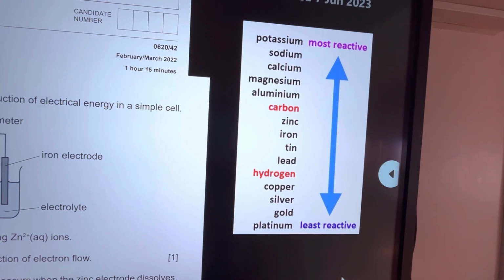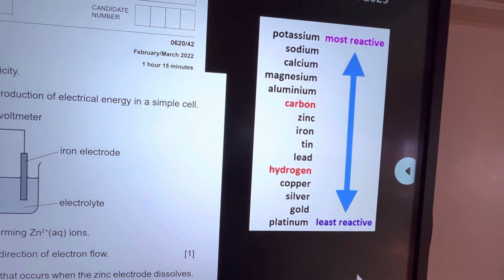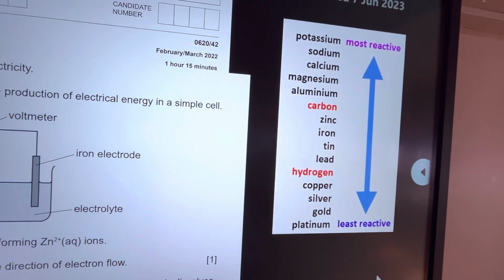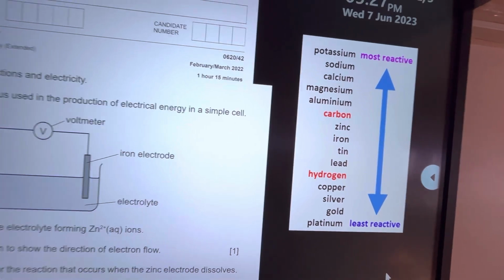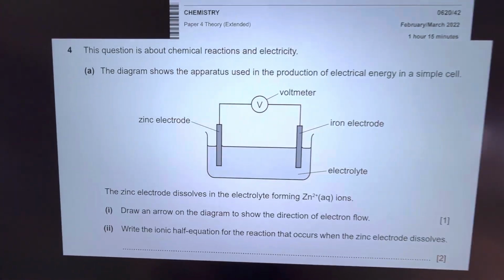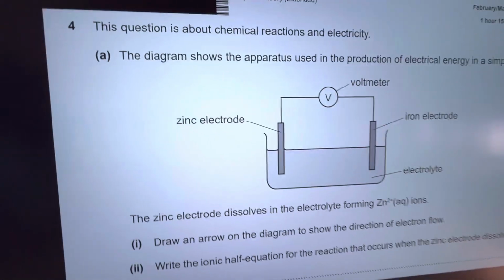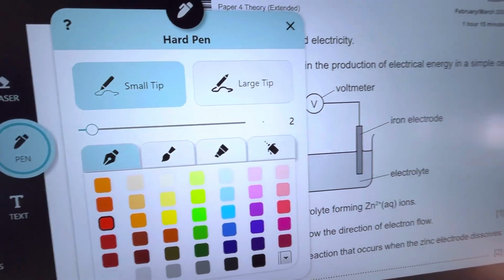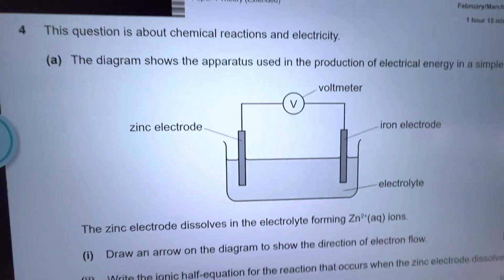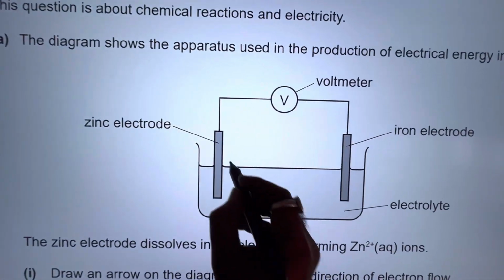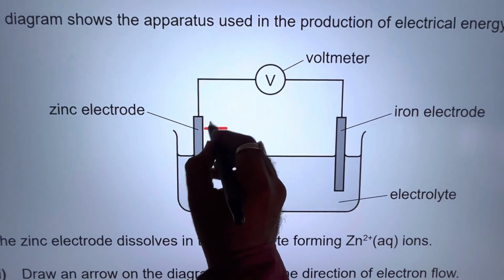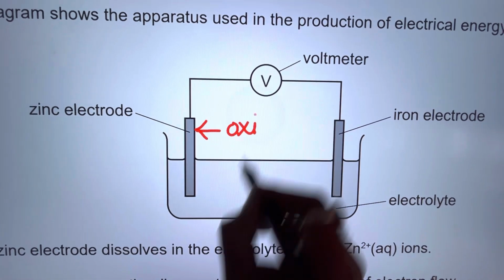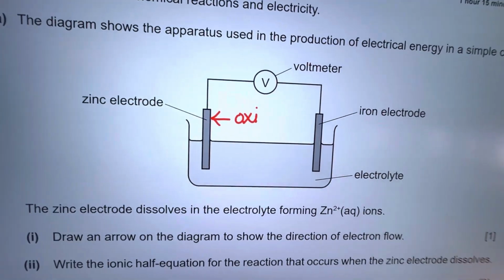More reactive means they will undergo oxidation. Oxidation means loss of electrons. So at zinc, the loss of electrons will take place. Zn is losing electrons, so Zn will undergo oxidation.